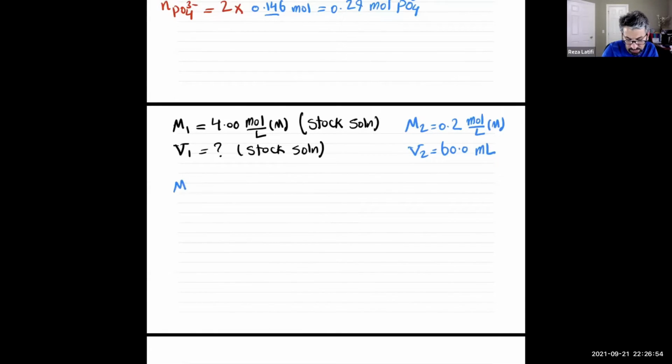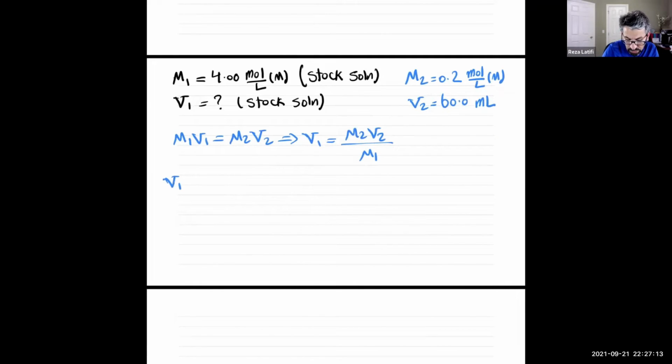So you go M1V1 equal to M2V2. You're looking for V1. It will be equal to M2V2 divided by M1. So V1 equals M2, we have 0.2 molar, multiplied by V2. Look at V2. I will use it as it is. I'm not going to convert it to liters. Just simply say 60 milliliters, and I'm going to tell you why I did not convert it to liters.